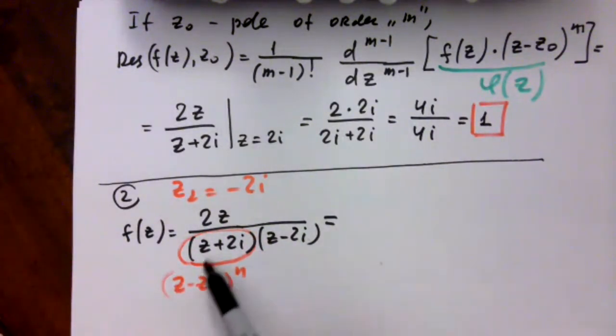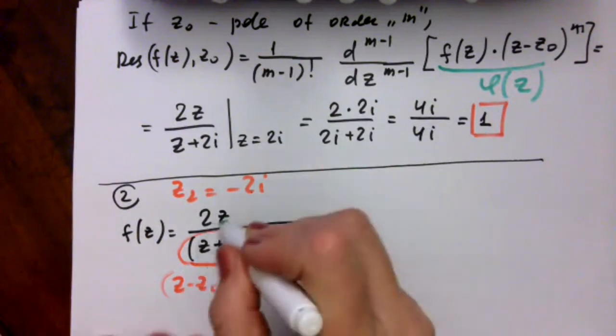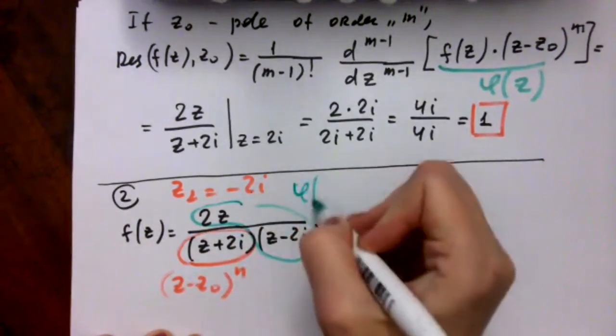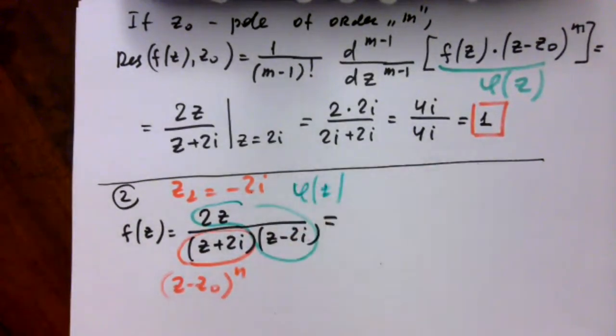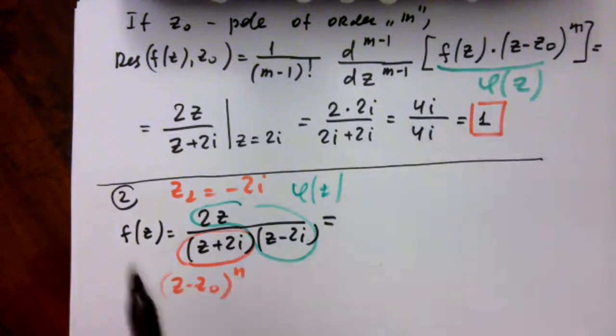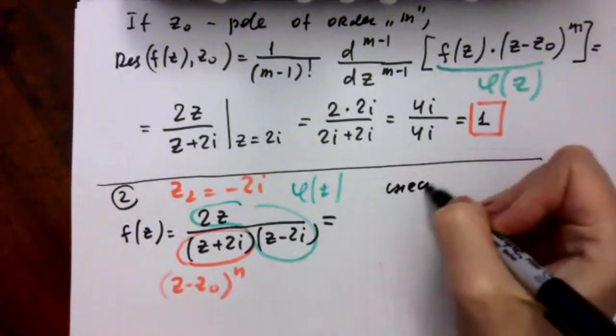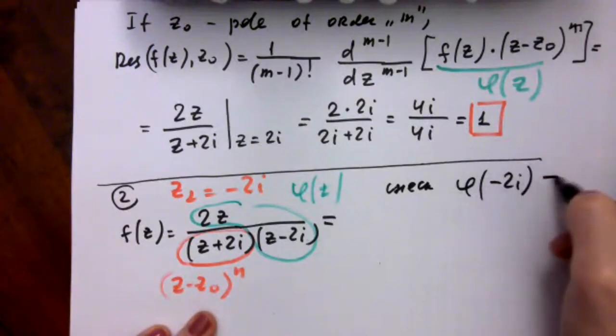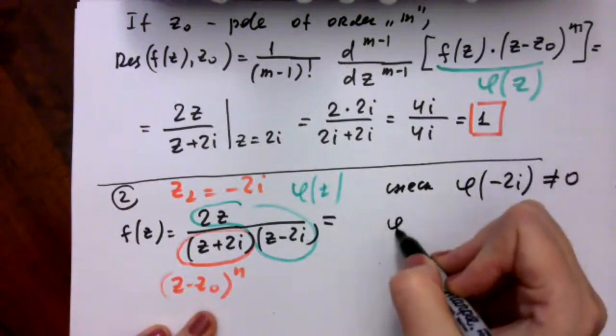So again, maybe minus 2i is a simple pole again, but we need to make sure that the remaining expression, the role of phi of z, is fine. So we need to check that phi at this point minus 2i is not equal to 0. So let's do it.